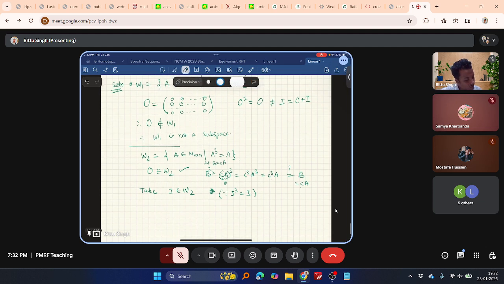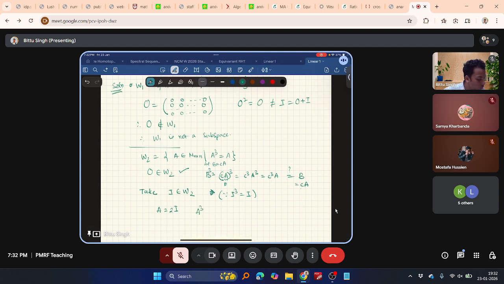But if we take 2 times identity, so take this new matrix A equal to 2 times identity. 2 is a scalar from the real numbers. So this should belong to W2. But what is happening? If we take A cube, this is the same as 8 times I, which is 8I. But this is not equal to A.